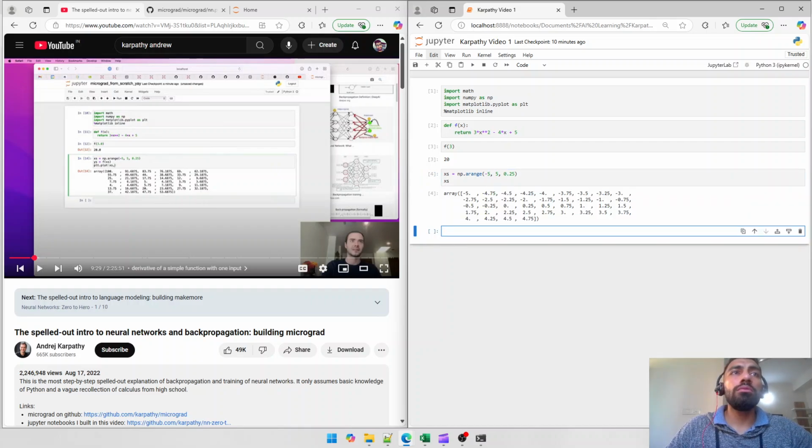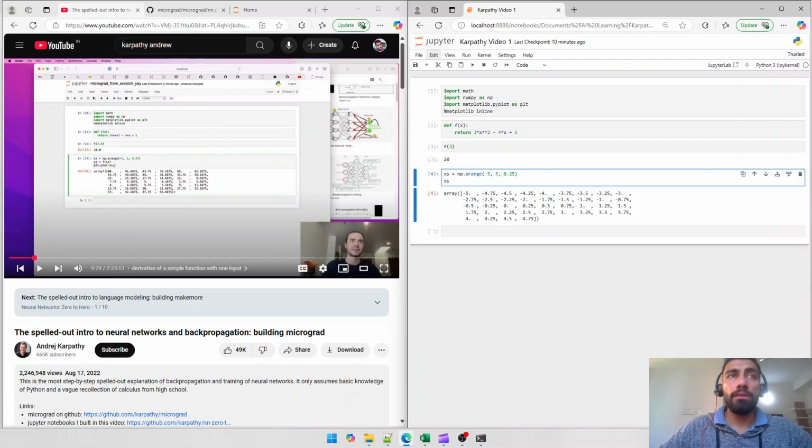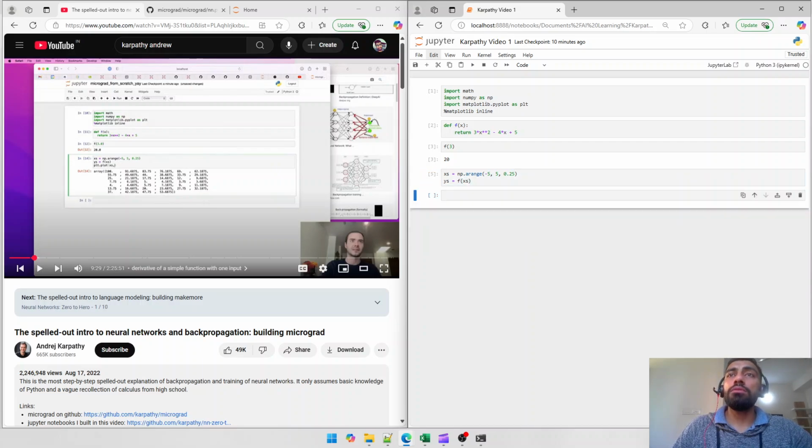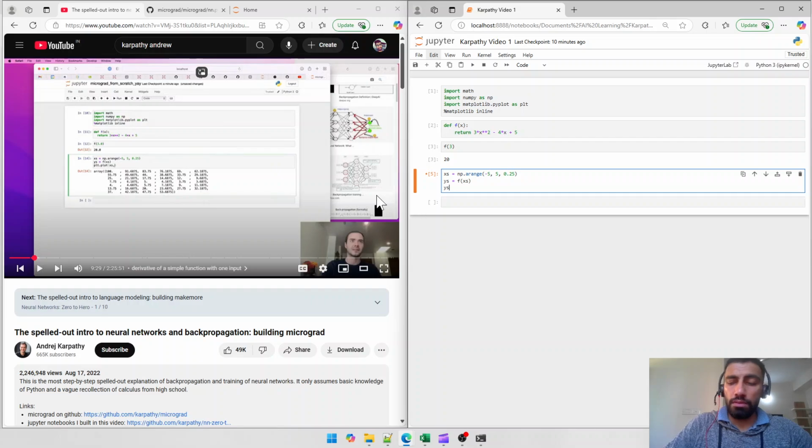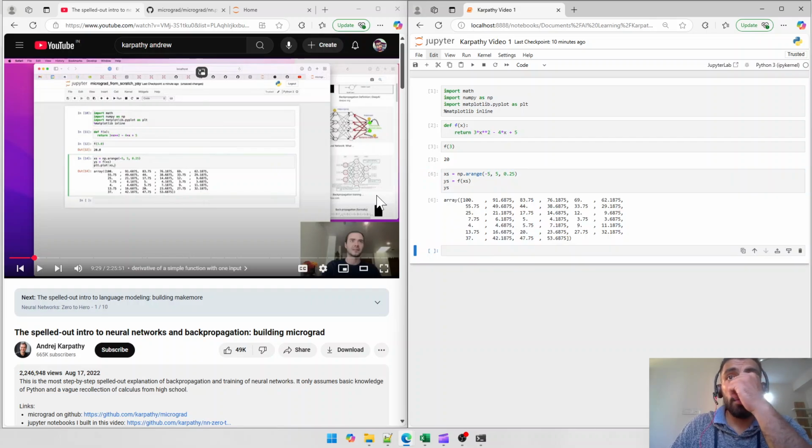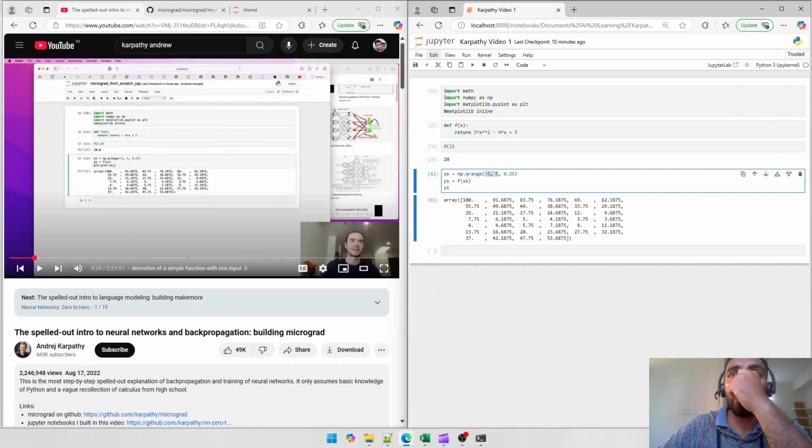So this is the one. We're passing a whole list. Sorry. So for each of the values from -5 to 5, with a difference of 0.25, it's calculating this value.